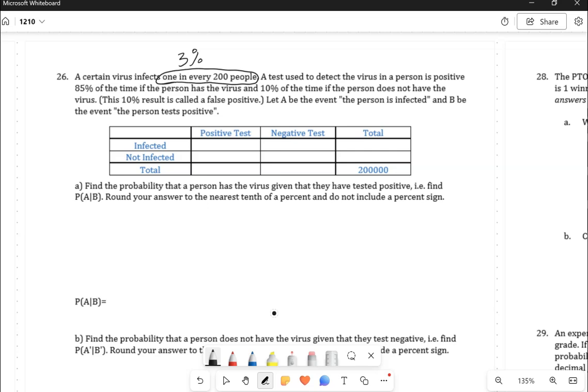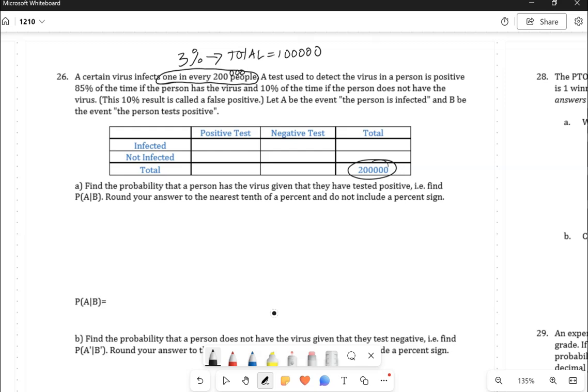If they say 3%, I go with a sample size total. I usually work with 100,000. Because then the percents all work nicely in whole numbers and there's no decimals in my table. But I'm just creating a simulation of a population. But if it says 1 in every whatever, then I just add a couple zeros to that. That's how I generate this number on the bottom right.